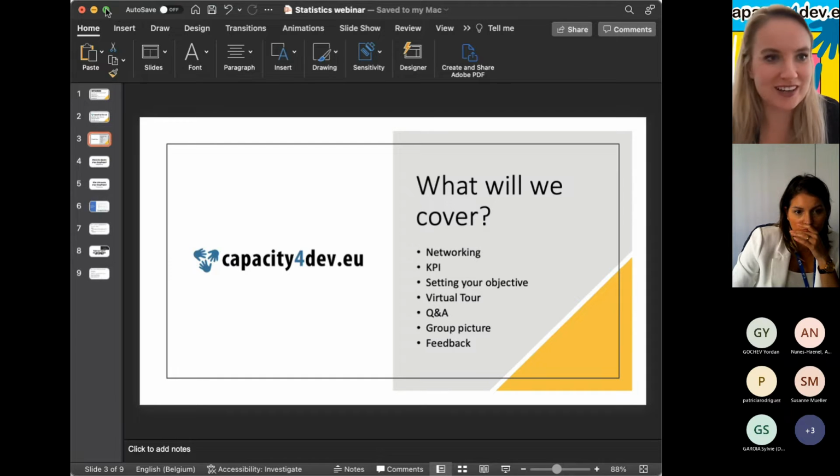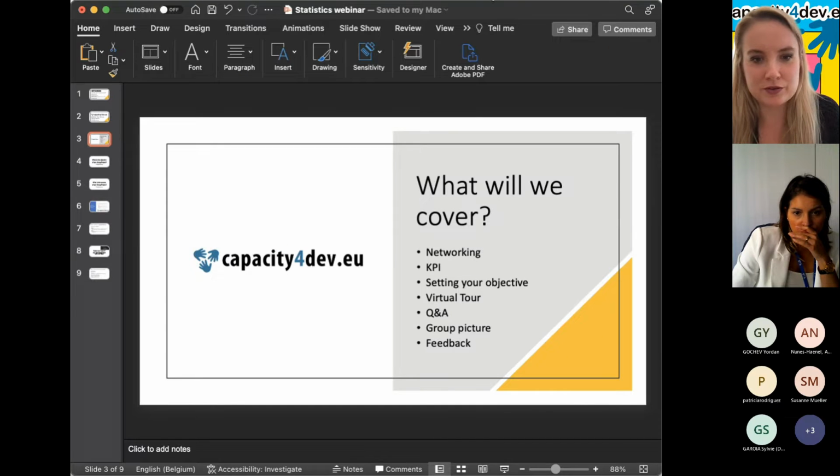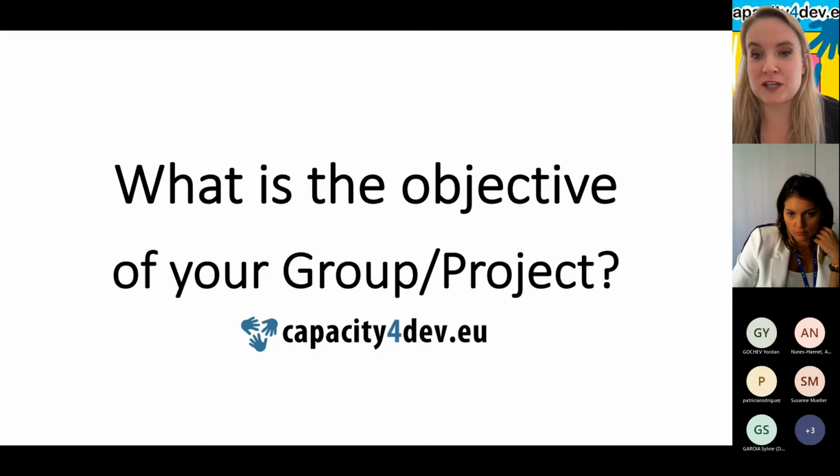So thank you, Patricia, for sharing this. And other people, you can also share while we are having this presentation. I just hope that I am sharing my screen, because it seemed to me that before I was not, but now it seems okay. So this is about the objective.